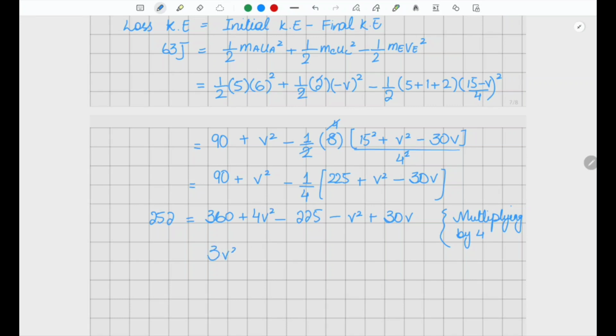So 3v square plus 30v, and then solving this 360 minus 225 minus 252 will give you minus 117.